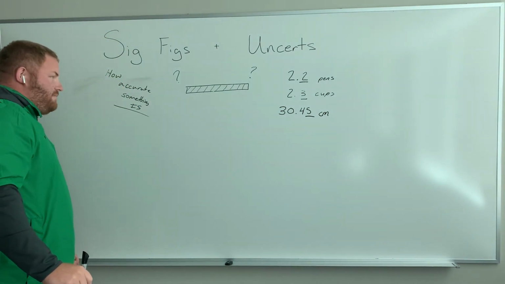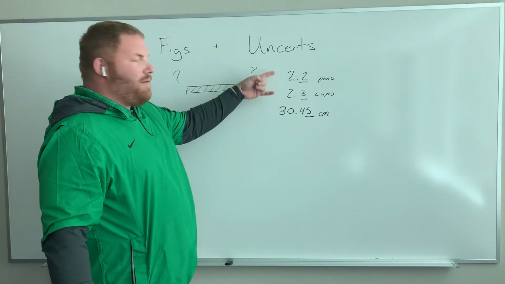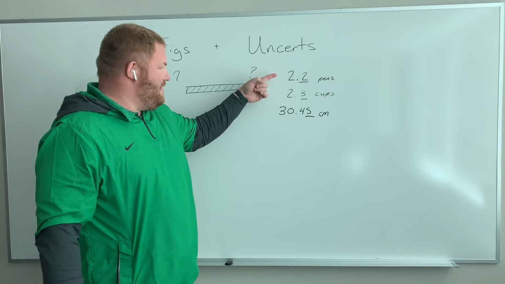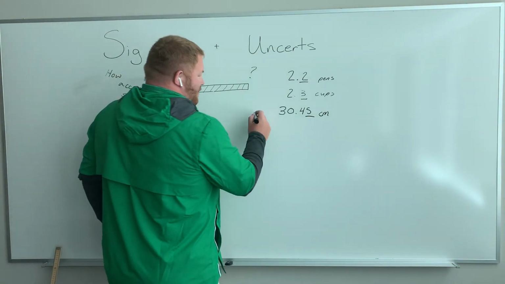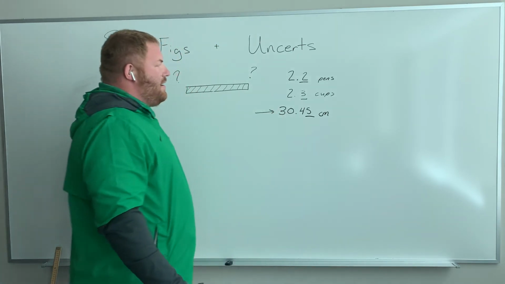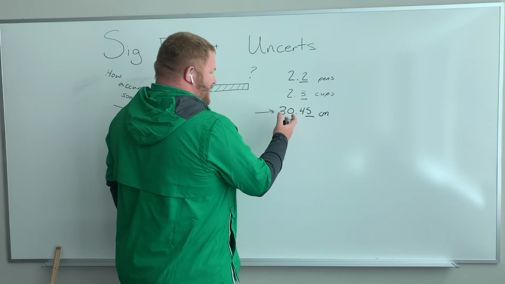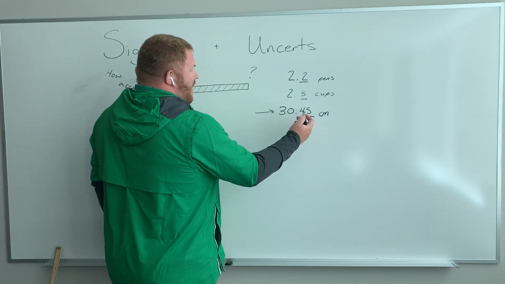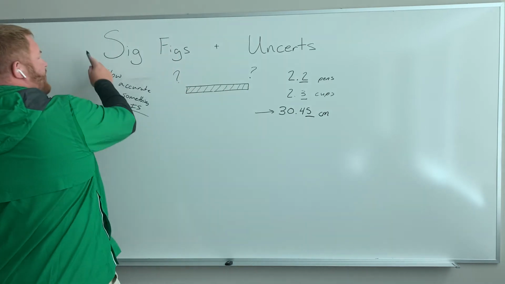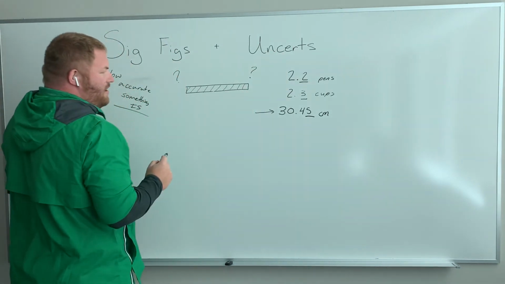Now, if 3 different contractors came to your house to help build the house, which one would you pick just based on the measurements? For sure I would pick this one. But why? Well, you'd say he's more precise or he's more accurate. Well, you're exactly right. But really what he's saying to you is, I have more significant figures, so my uncertainty is lower.